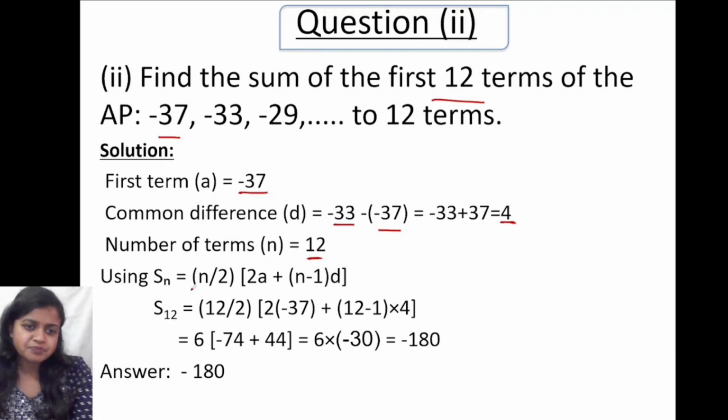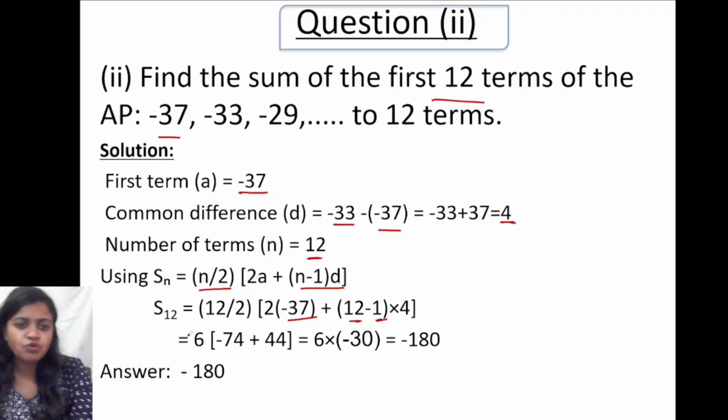So Sn is n by 2 into 2a plus n minus 1 into d. This is the common formula. S12 is 12 by 2, 2 into a which is minus 37, plus 12 minus 1 into 4. 12 by 2 is 6, 2 into minus 37 is minus 74, and 11 into 4 is 44.